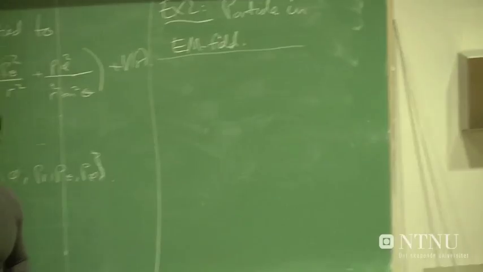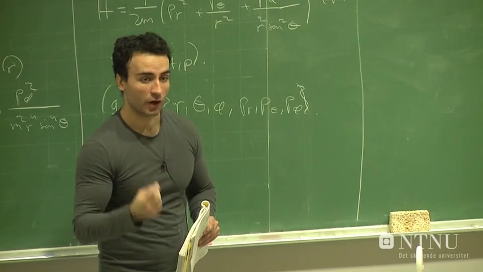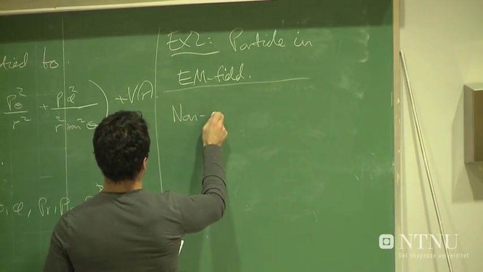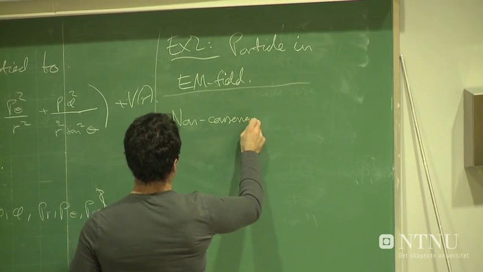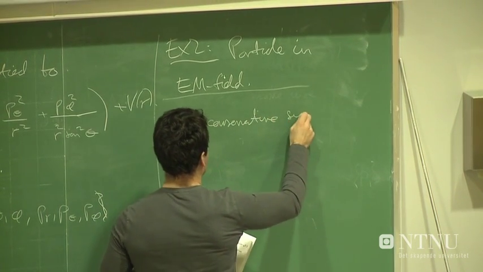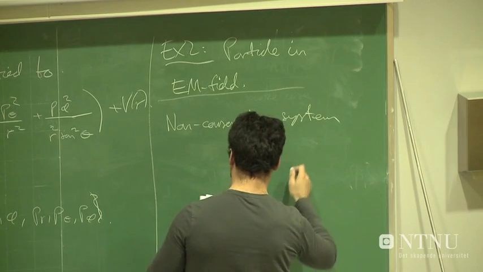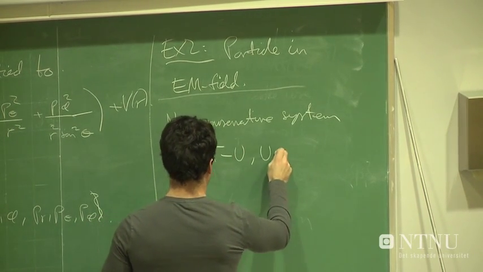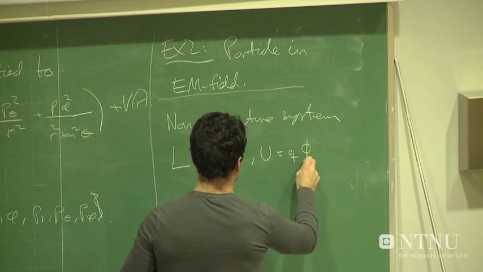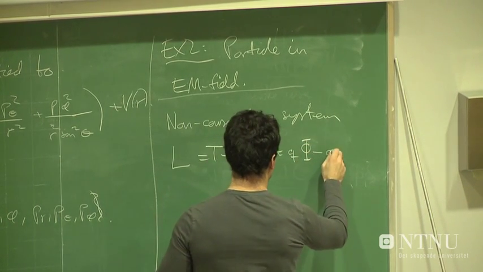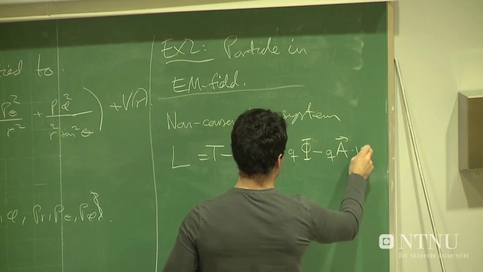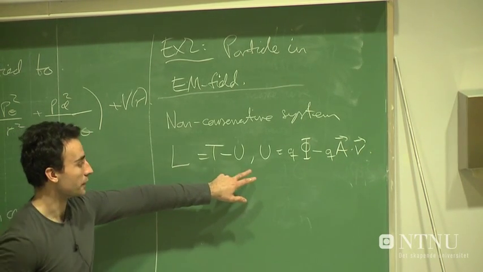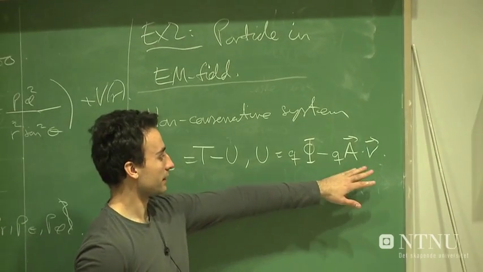And as we have commented on earlier, this is actually a non-conservative system. The Lagrangian is written like this, with U defined here.